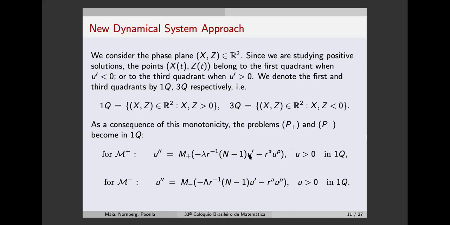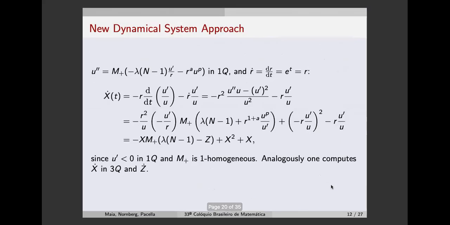Because u prime is negative in the first quadrant. And Pucci minus is given by this expression, because u prime is negative in the first quadrant. In the third quadrant, it would be the opposite.